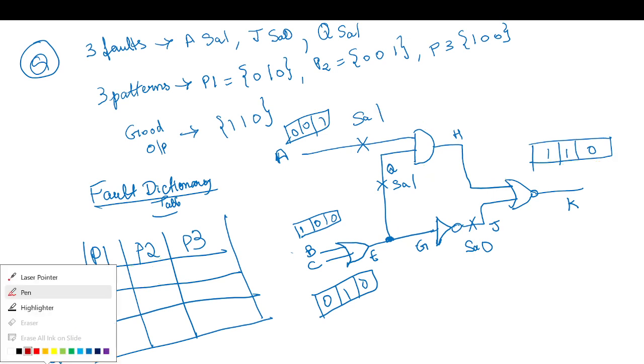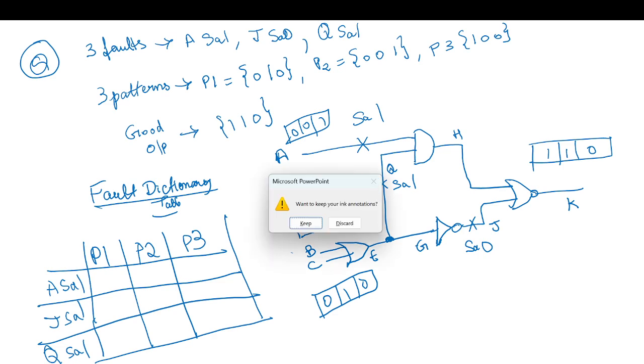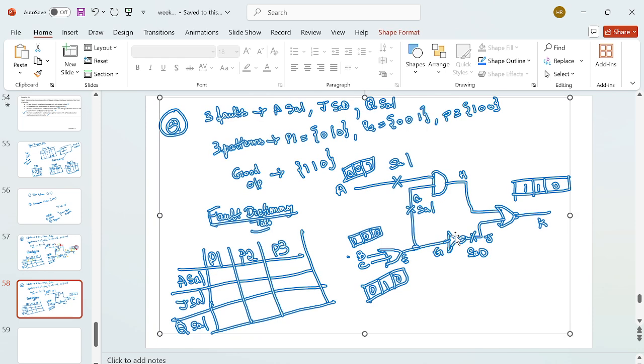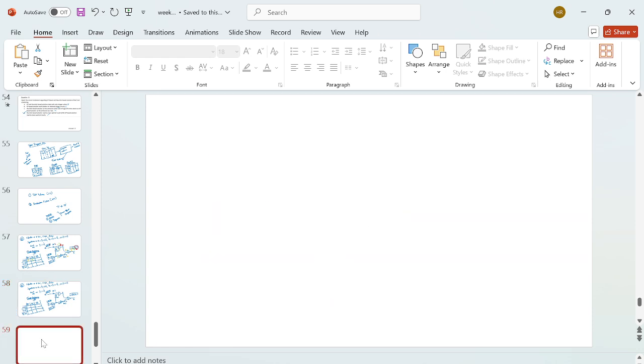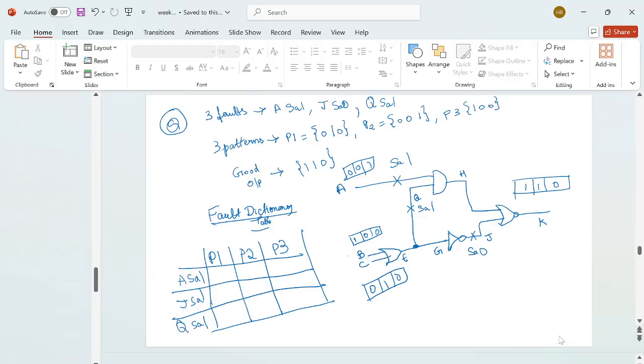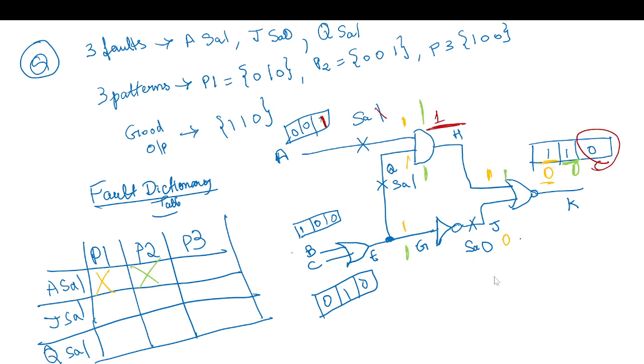So the next one, I'll just keep one more copy of this circuit. So this OR gate is 0, 0. So the OR gate output should be 0. This should give 1.